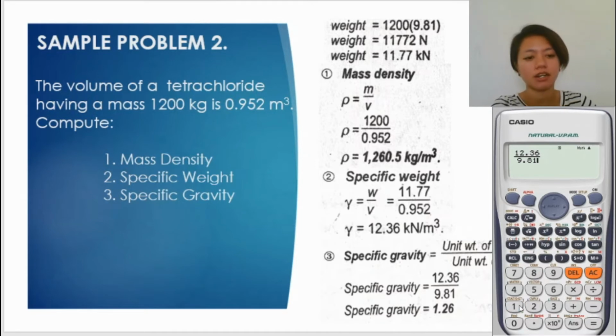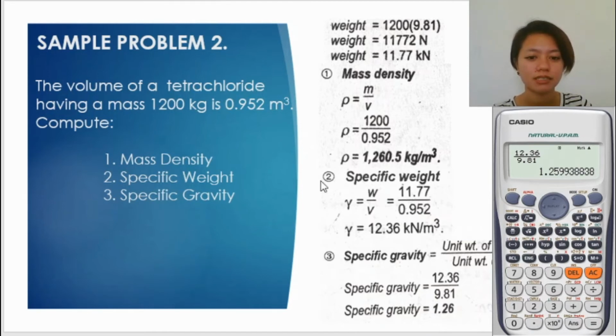So, with 9.81, the standard unit weight of water, we have our answer as 1.26. 1.26 is our specific gravity. It's easy, you just input, formula based.